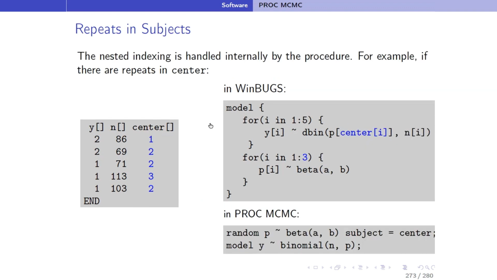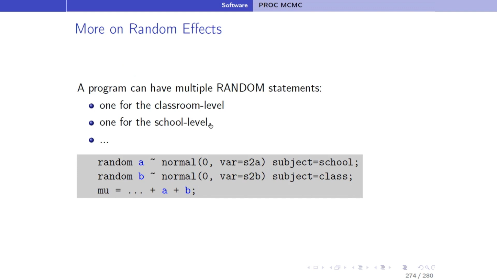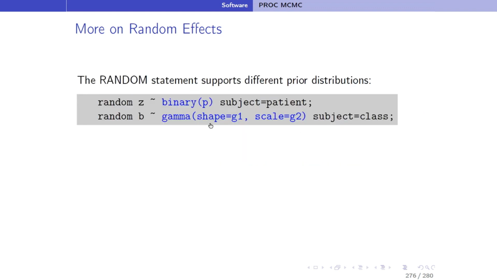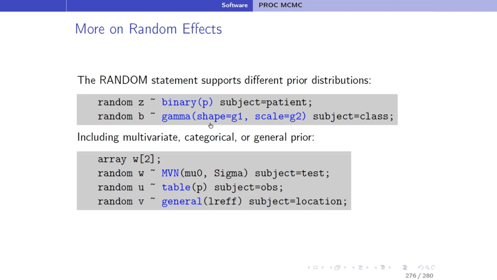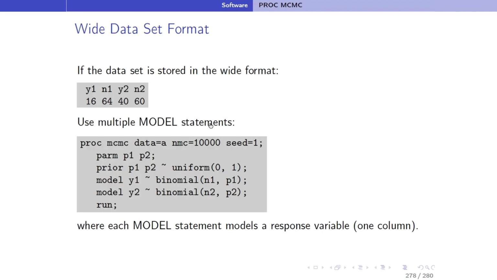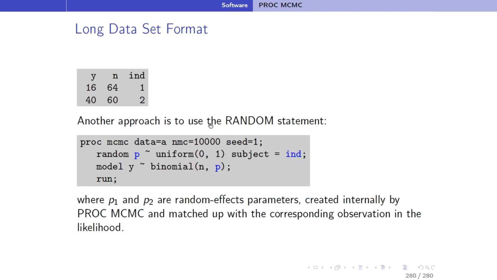It makes a link for users who are comfortable with MIXED and how they link together, the conceptualization, and the complexity of the flexibility that multiple RANDOM statements offer with different usages, and a simple example of 3 ways of coding the same model with the joint modeling of two outcomes, y1 and y2. You can do the long data format, you can use a short data format, and so on.